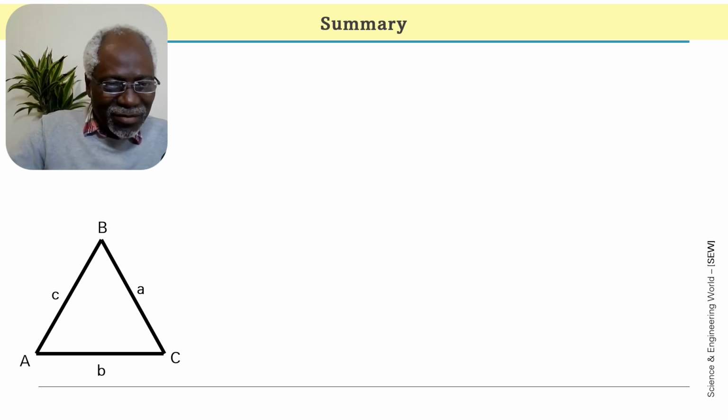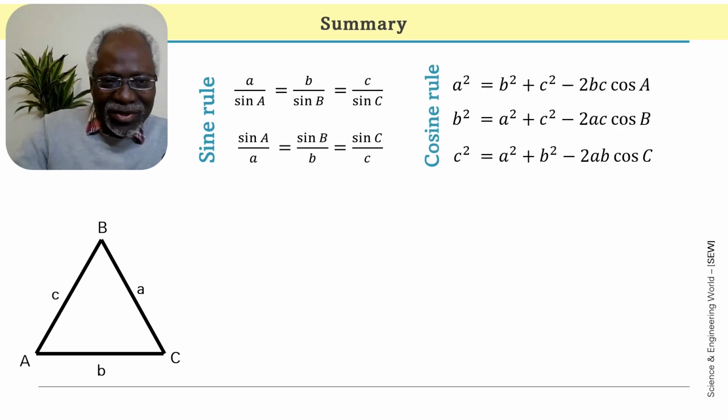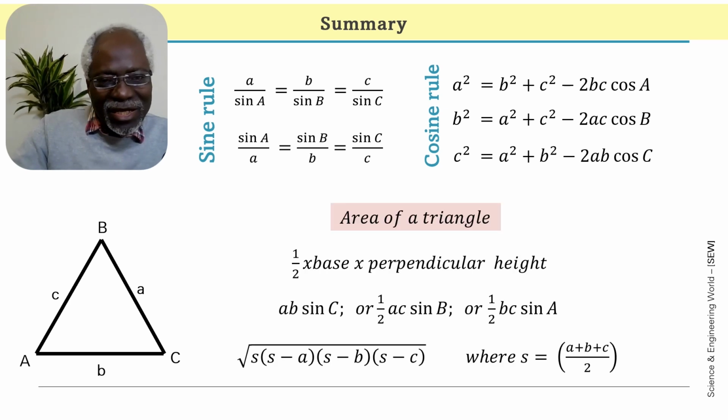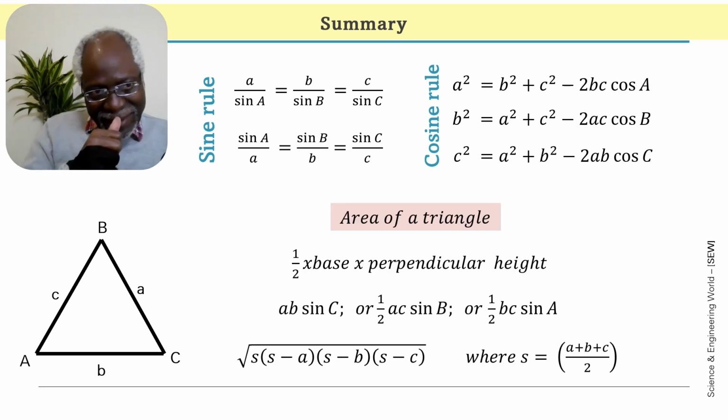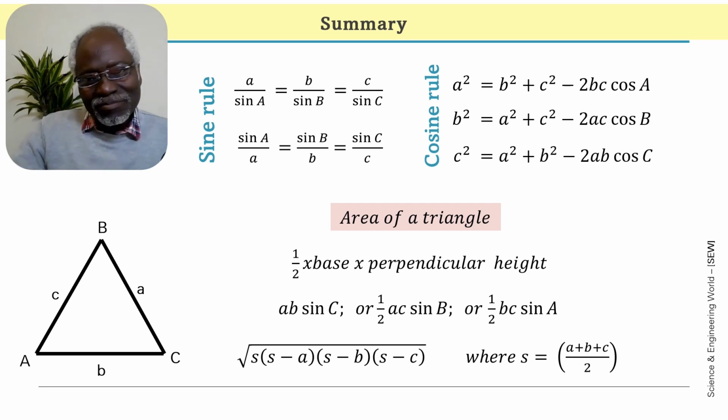Now, in summary, we have looked at the sine rule and the cosine rule, and then the three methods to find the area of any triangle. And I'm sure we can now deal with triangles in any various form they may appear.